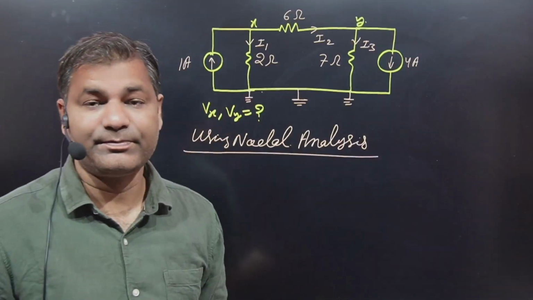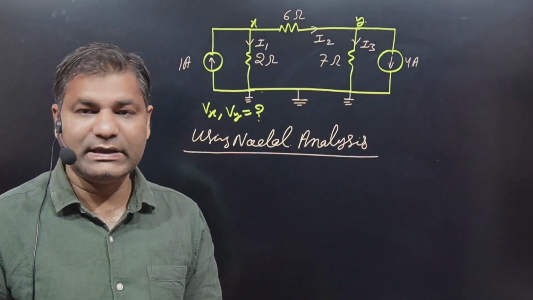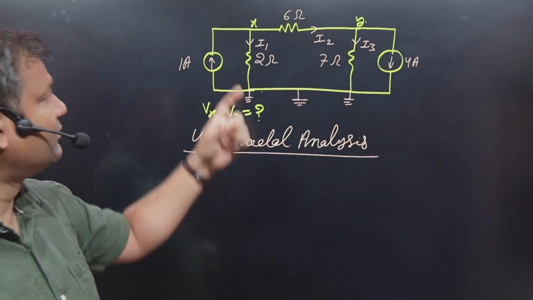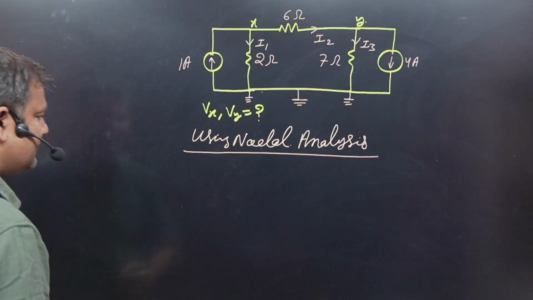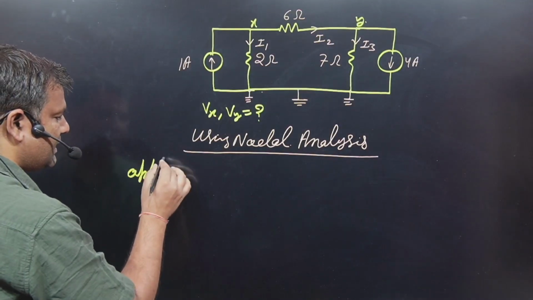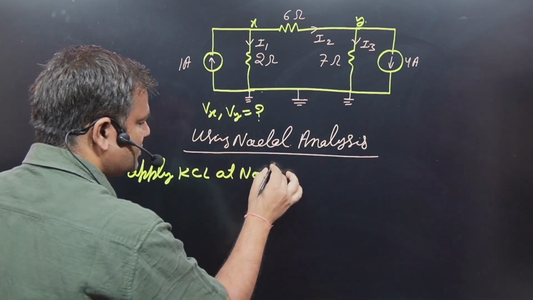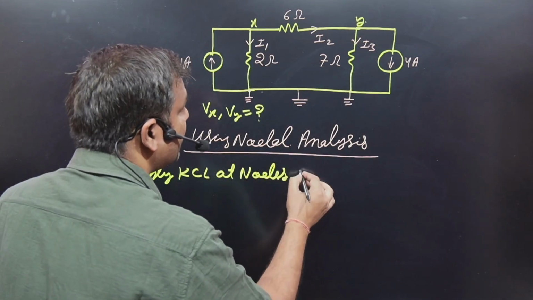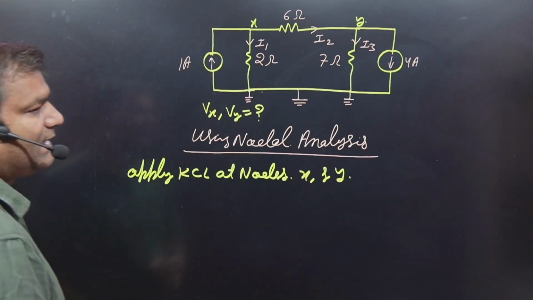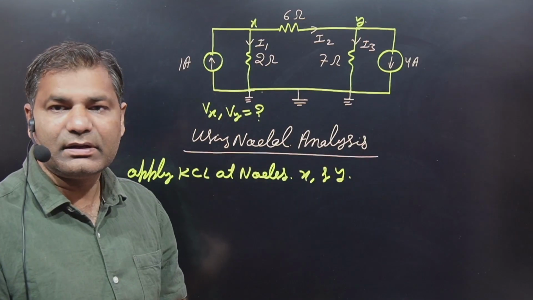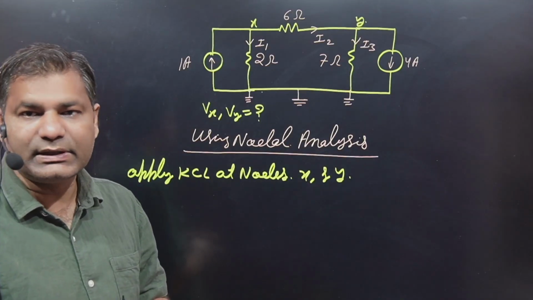Why? Look here. The third step is to apply KCL at nodes X and Y. KCL means the incoming current at a node equals the outgoing current.